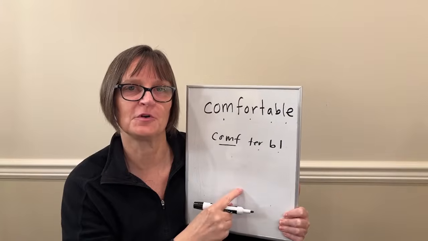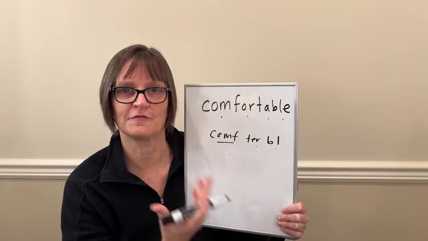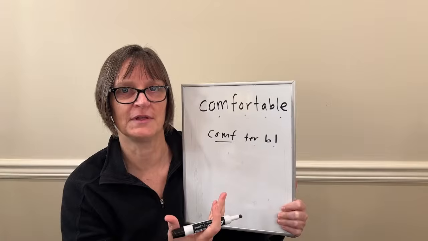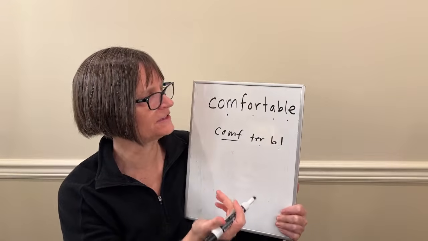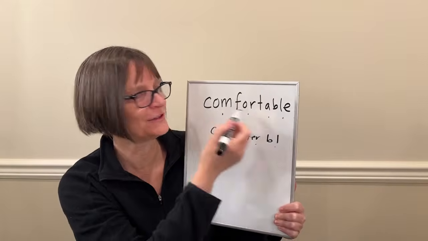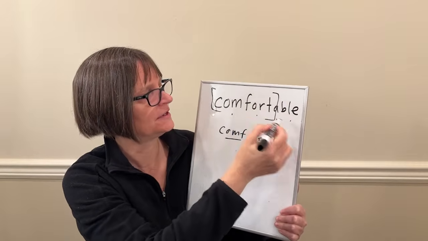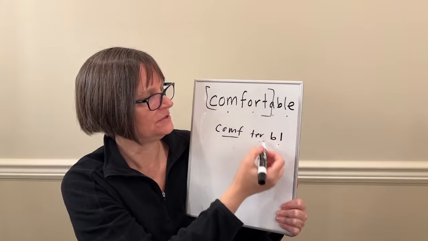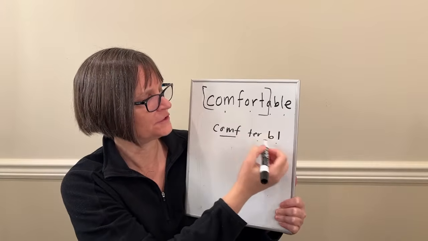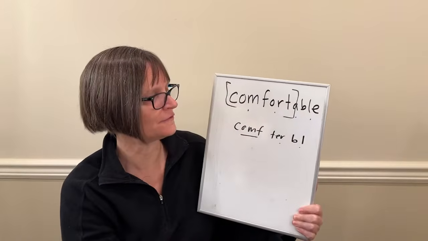This is the most typical way you'll hear people say this word: comfortable, uncomfortable, a comfortable time, a comfortable couch, comfortable pants. If you were looking at how it's spelled, it looks like the word comfort and then able, and we don't really do able either. We just reduce that down to a bull, comfortable.